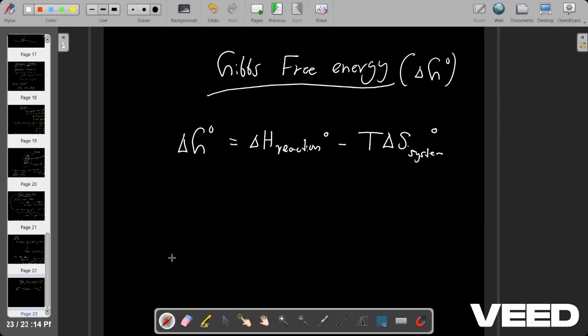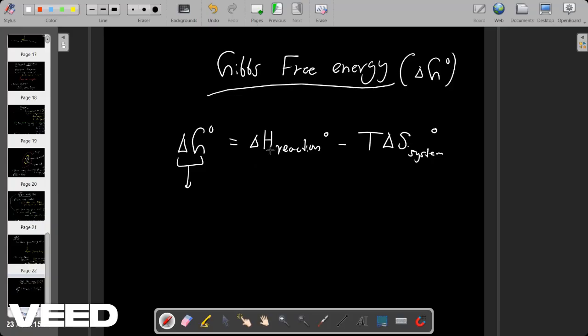What is the unit of Gibbs free energy? Now here we have delta H, so delta G should have the same units as delta H. Otherwise, we can't add or subtract. You must have the same units.